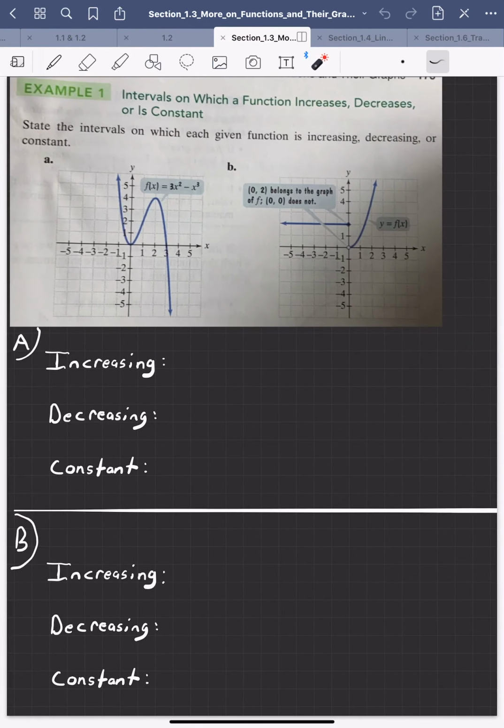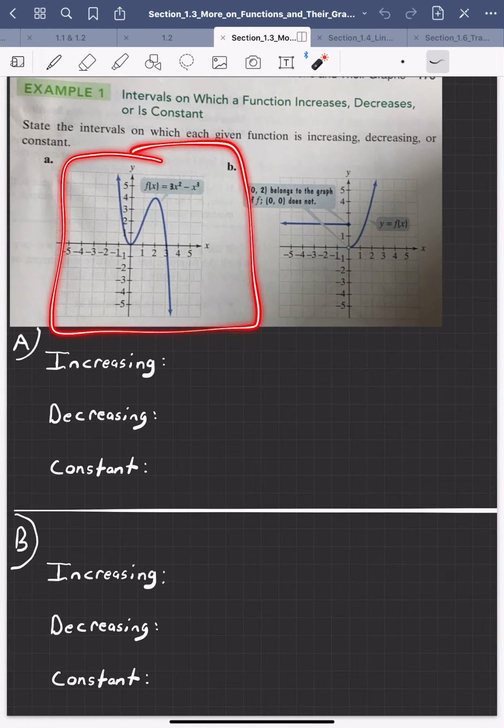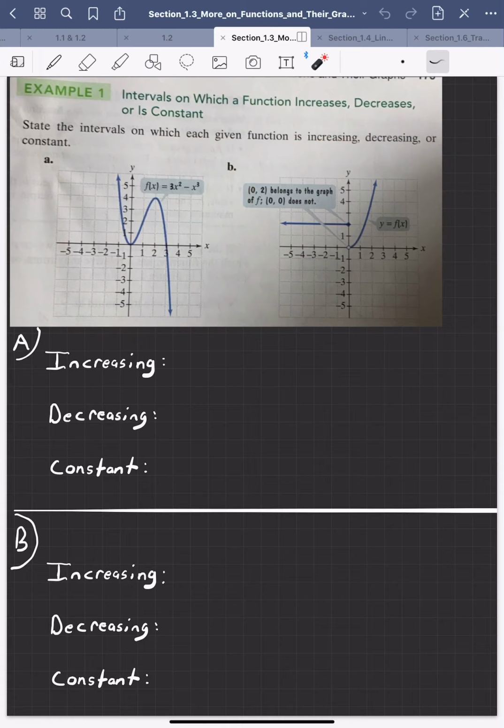So I'm producing two graphs for you. We'll start with A. And what do they want? We want to state the intervals on which the given function is increasing, decreasing, or constant. All right. So again, extremely important that we're looking from left to right. All right, here we go. So I'm going to start from the left.